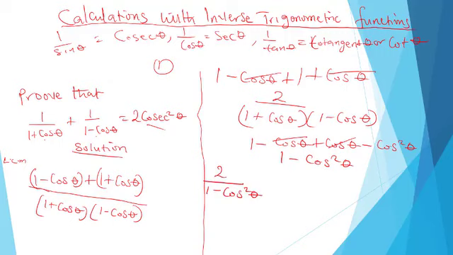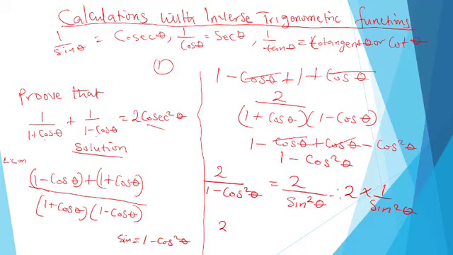But when we did the normal trigonometric functions, we stated clearly that sin square theta is equal to 1 minus cos square theta, since sin square theta plus cos square theta equals 1. So this becomes 2 over sin square theta, which is 2 times 1 over sin square theta. Since 1 over sin theta is cosec theta, 1 over sin square theta is cosec square theta.